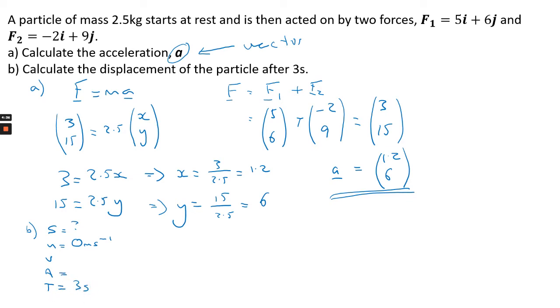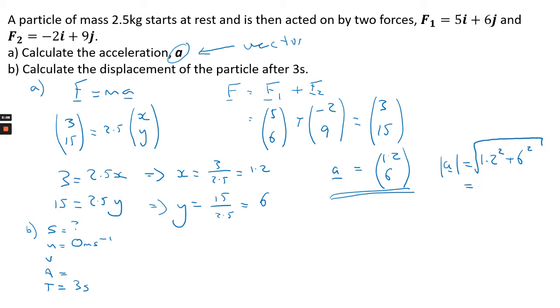Okay. Now we also have this acceleration, which is a vector. Now sometimes we might be tempted to write 1.2i plus 6j. But I'm not going to be able to substitute in a vector quantity when I've got magnitudes. So I need to find the magnitude of the acceleration to sub into SUVAT. Okay, the magnitude of my acceleration is going to be 1.2 squared plus 6 squared, and square rooted.